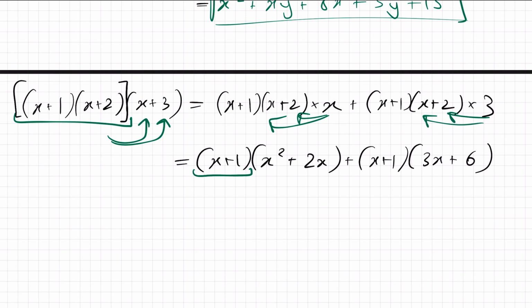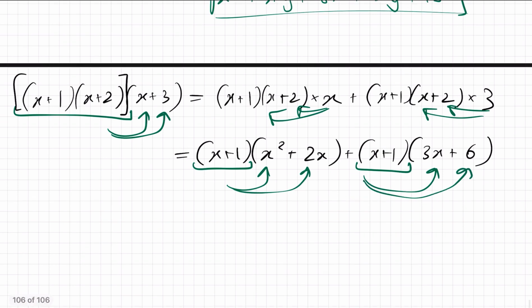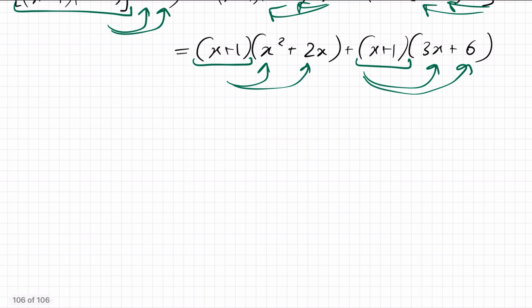And then we use the same trick, so we multiply this first bracket by the terms inside the brackets next to it. So let's just do this now.